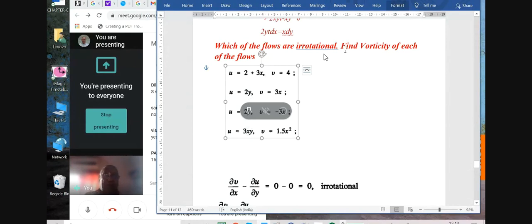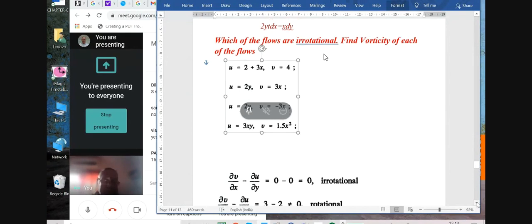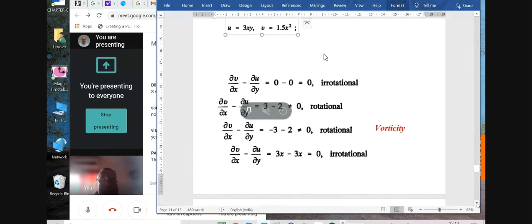Then find the vorticity of each of the flows. So what is the expression for vorticity? Twice of rotation, sir. Okay.